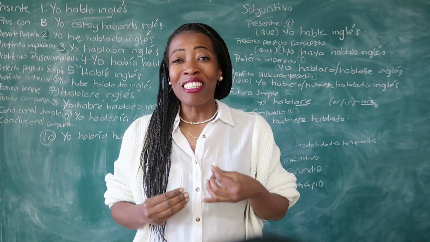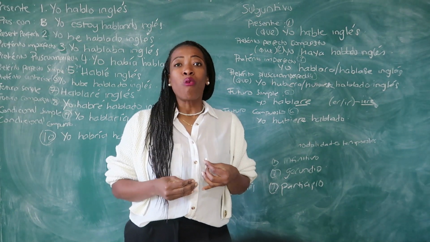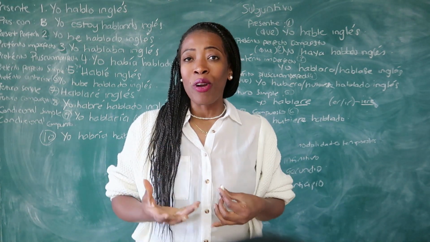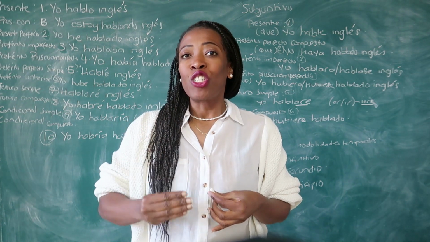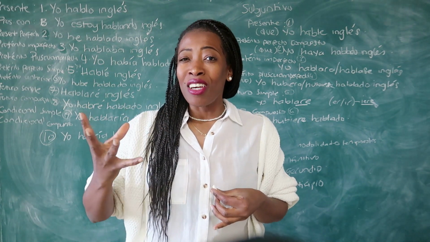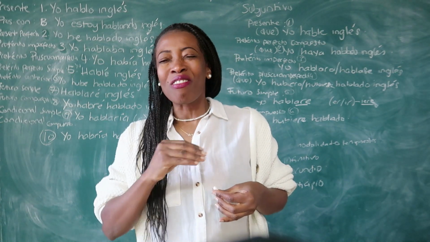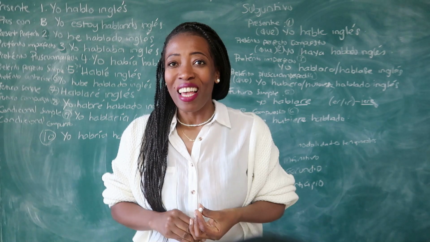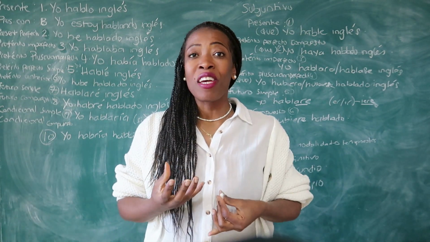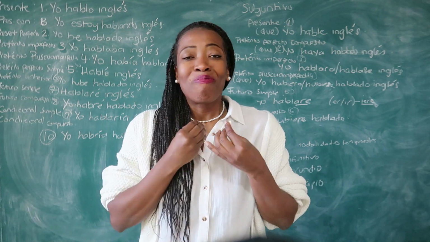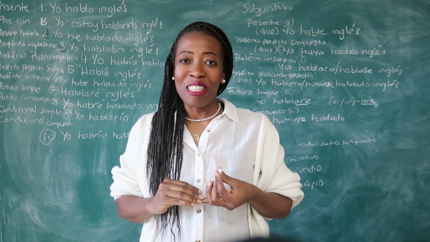Then we have the subjunctive mood, el modo subjuntivo, which we would use when we want to talk about things that are less real. So wishes, desires, emotions, and all of those good stuff. Then we have el modo imperativo, which is the imperative. We use the imperative for one thing, to give orders. So that's a nice, easy one.